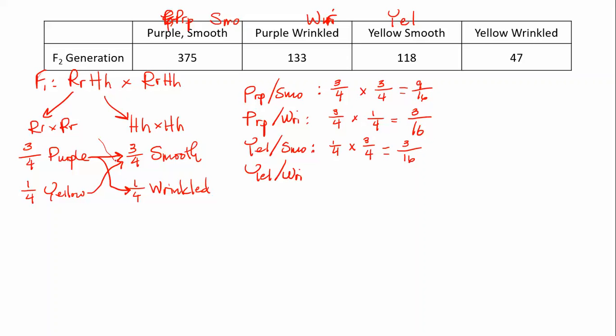To be yellow and wrinkled, that is a 1 in 4 chance of being yellow and a 1 in 4 chance of being wrinkled, which is going to altogether give you a 1 in 16 chance of being yellow and wrinkled. So these are our ratios. What this means is that these offspring should appear in a 9:3:3:1 ratio.